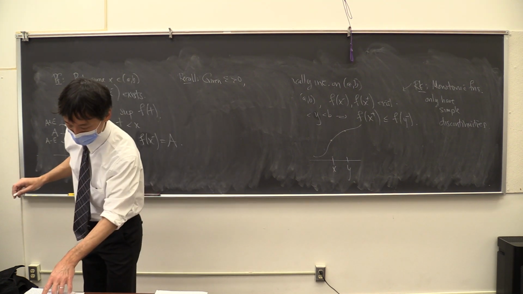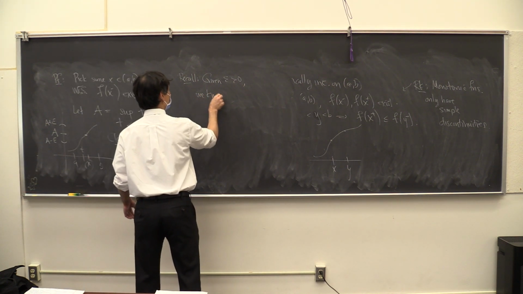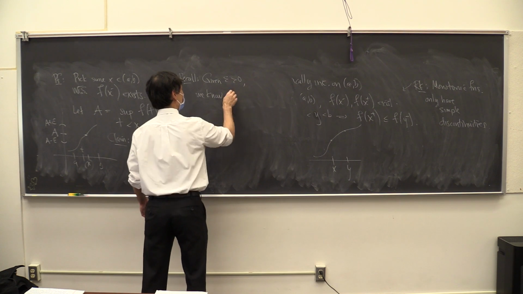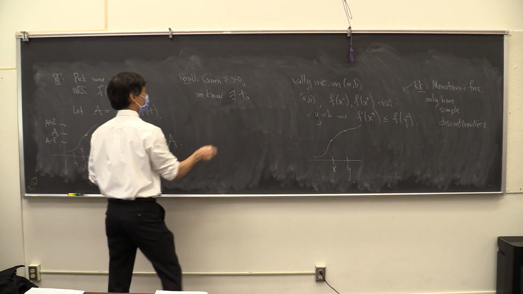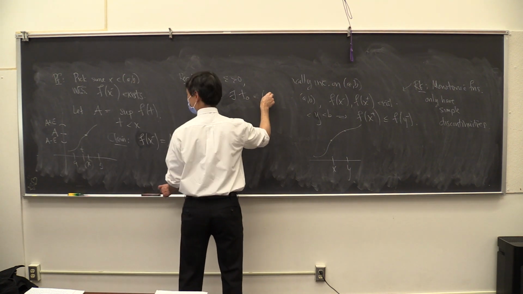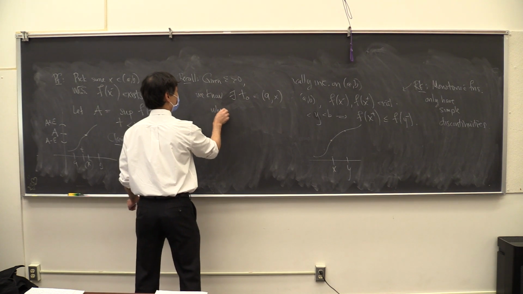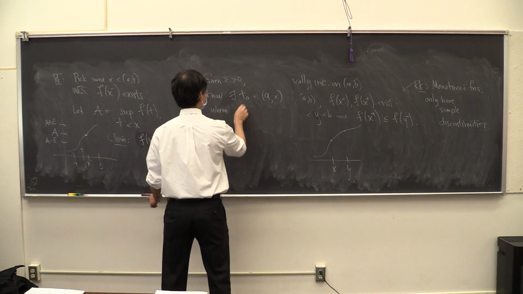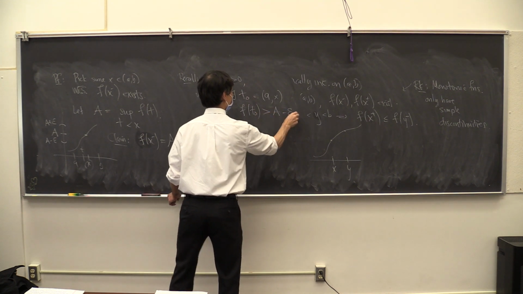We know there must be some point t naught in (a, x) where f of t naught is bigger than A minus epsilon.